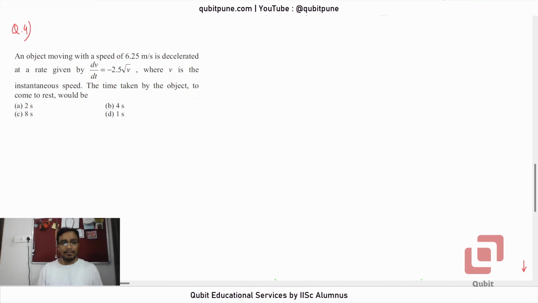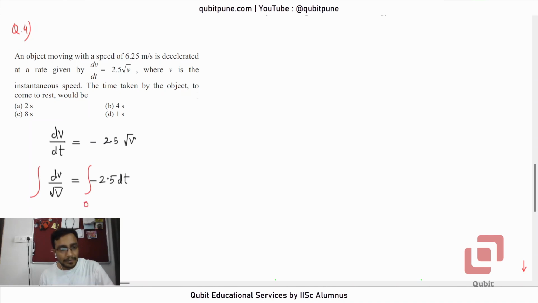This is an integration problem, clearly. We know how this velocity varies with time, so we basically know dv by dt. Let us separate the variables. So we get dv by root v equal to negative 2.5 dt. If I bring in the limits, what should the limits be?